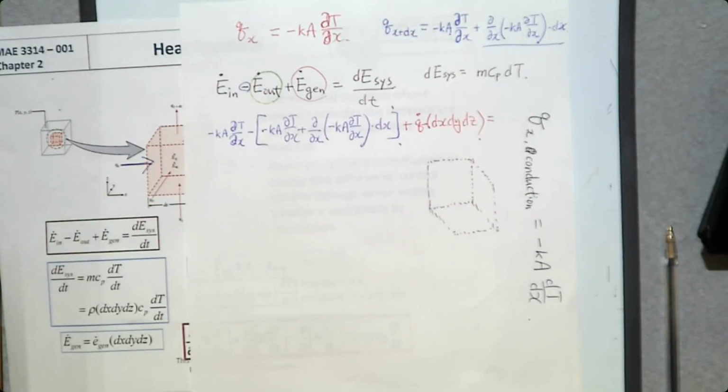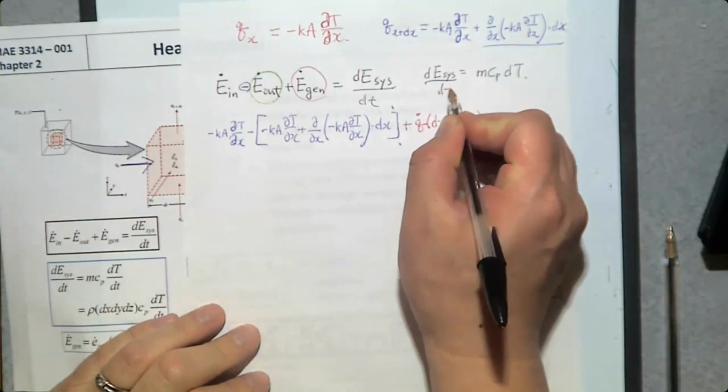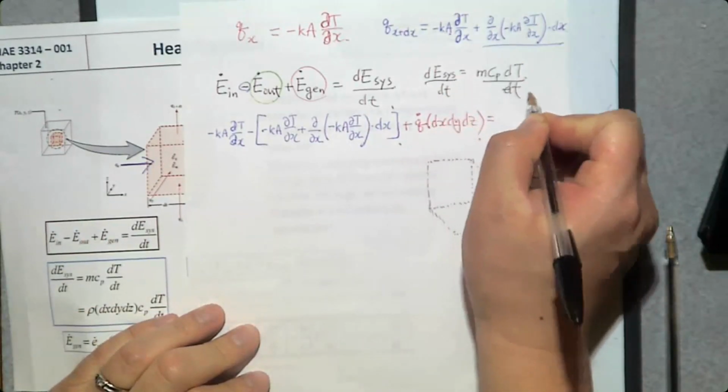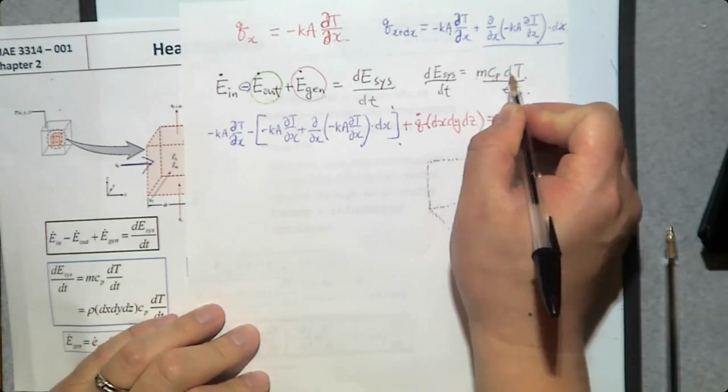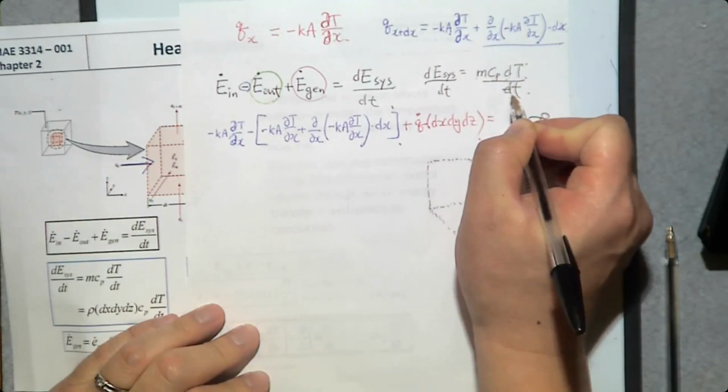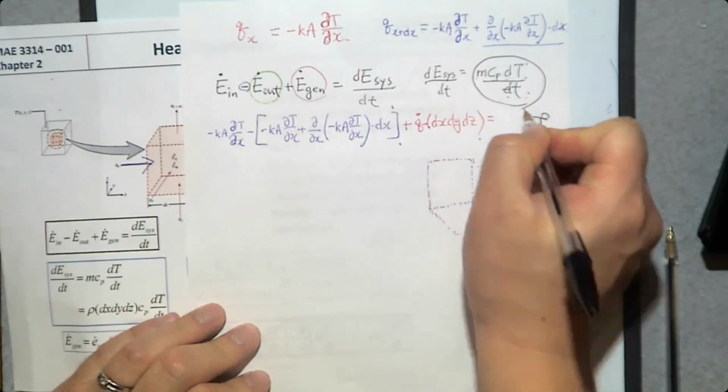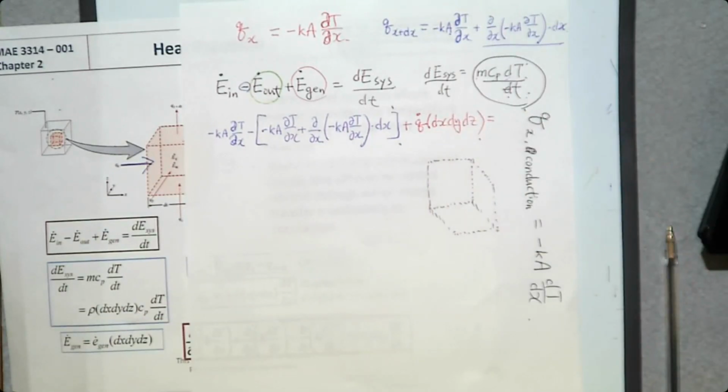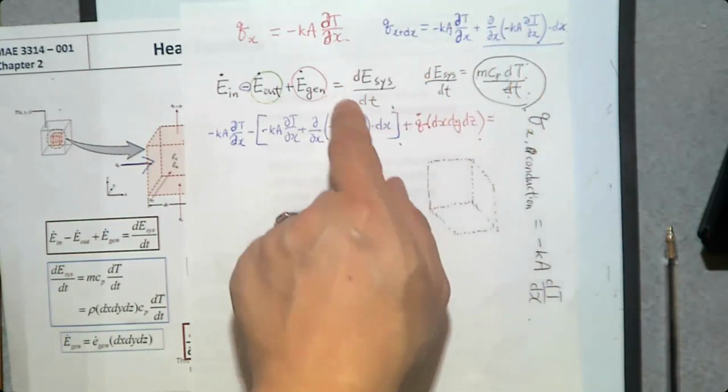So mass times specific heat times dT over dt, the temperature change over time, is going to be the change of total energy in the control volume. So I'm going to put this one to replace this.